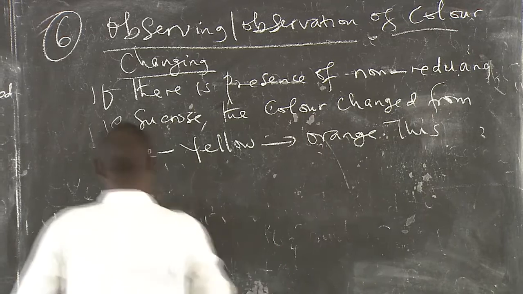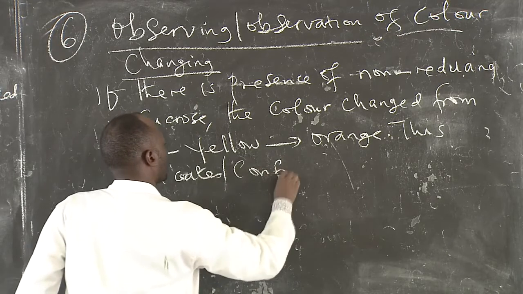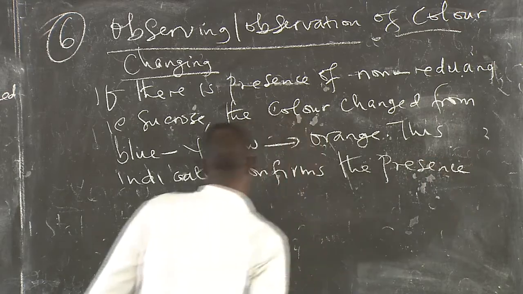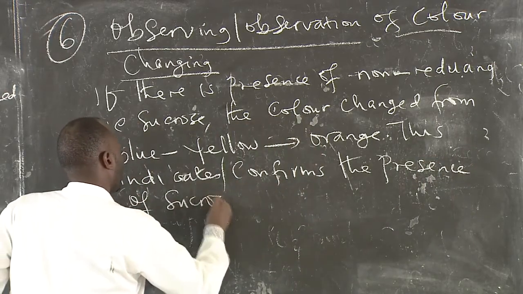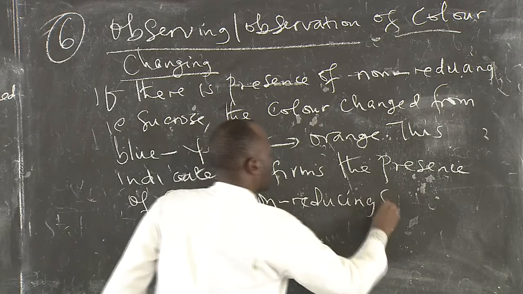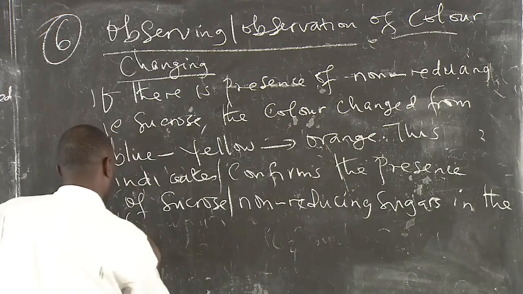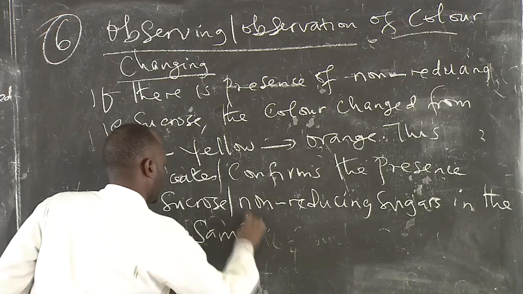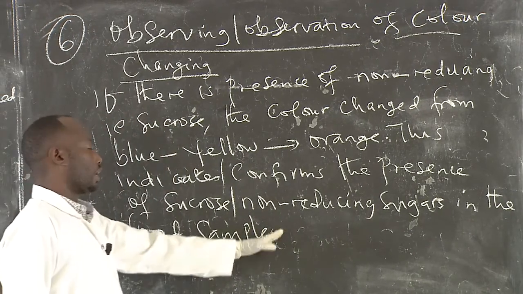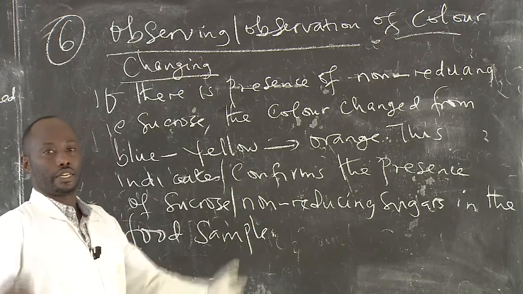This indicates or confirms the presence of sucrose or non-reducing sugars in the food sample. And when it is absent, when you use the control experiment, like water, the blue color of Benedict's solution persists, does not change, so it tests negatively.